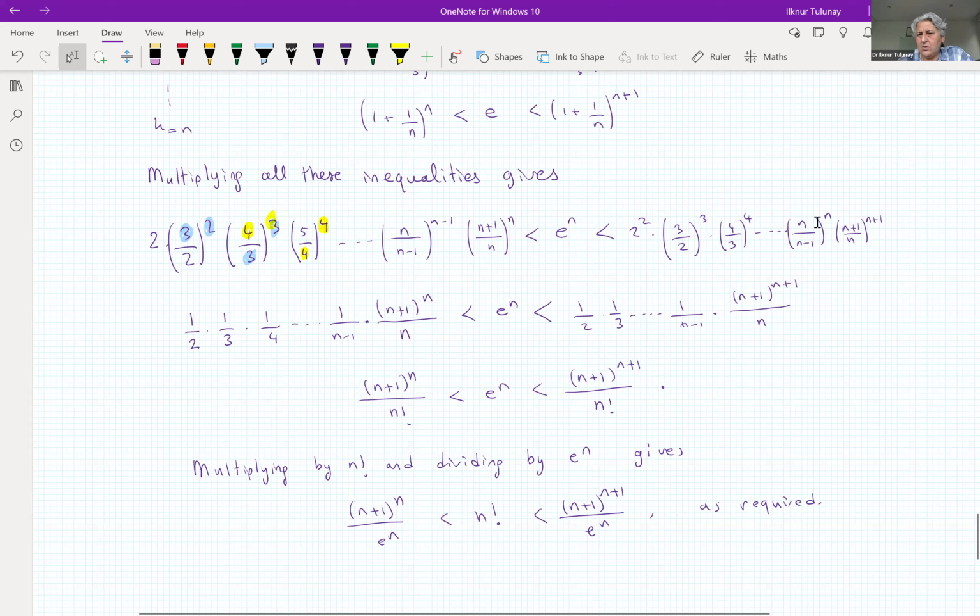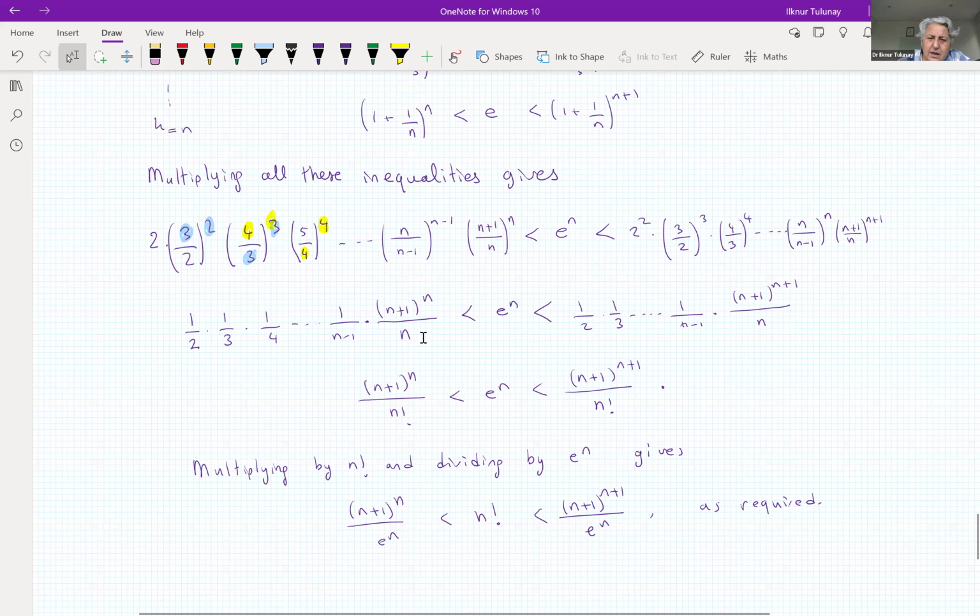The last one, n to the n, will be gone, but because of the plus 1 I will have n plus 1 to the power n plus 1, and only one n left, since the n to the n terms cancel. There's nothing I can do with the n plus 1 to the n plus 1 power, so leave it like that.